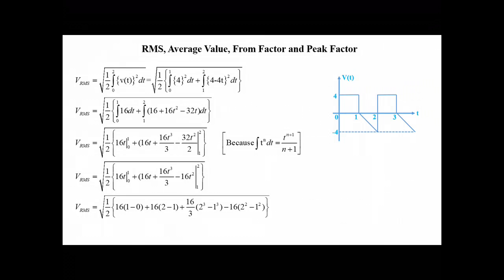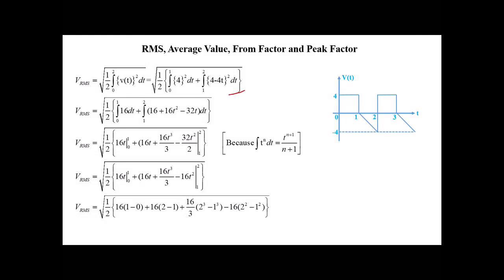Now we want to calculate the RMS value. So VRMS equals under root 1 upon 2, 0 to 2 in middle bracket Vt square into dt, equals under root 1 upon 2 middle bracket, integration 0 to 1 of 4 square dt plus integration 1 to 2 of 4 minus 4t square dt, middle bracket closed.